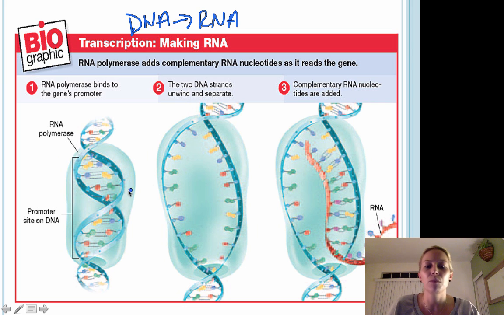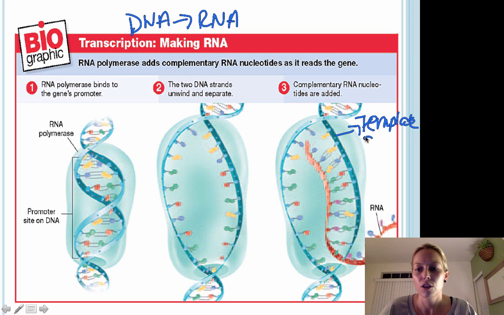That RNA polymerase is going to unwind and separate the two strands of DNA, and then proceed to add complementary nucleotides to only one strand of the DNA. And remember, the strand where it's adding those complementary nucleotides is referred to as the template strand. There we go. So we've got our template strand.